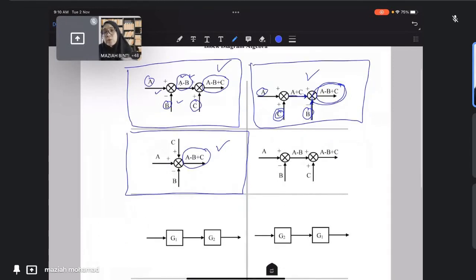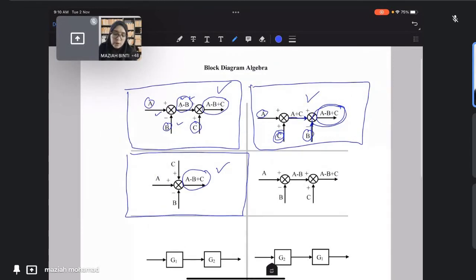Okay, so when you draw a block diagram, it's not necessary to draw just this one, three variables with one arrow. You can separate it into multiple summation points.